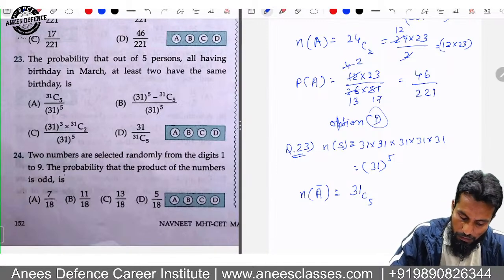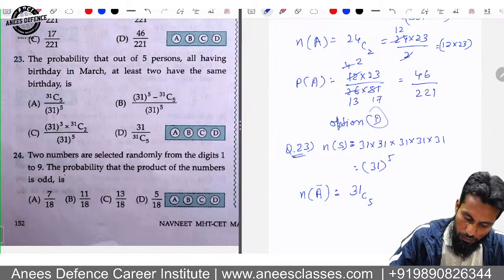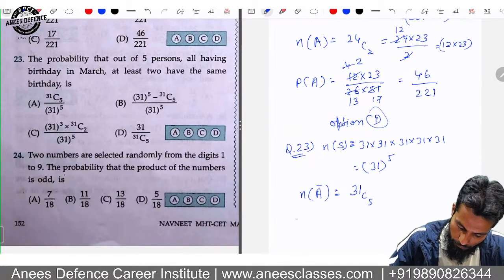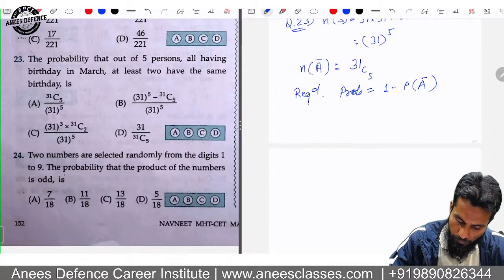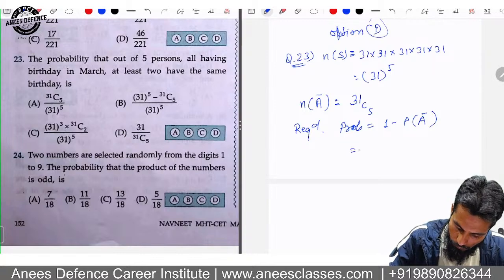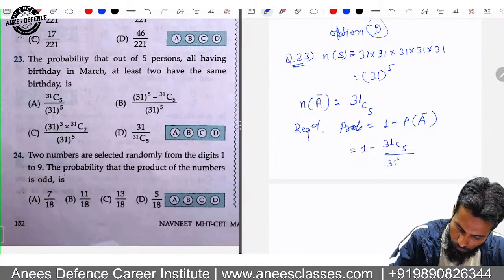So 31C5 will be the different birthdays condition. But you want the same birthday for at least 2, so you need to subtract this. The required probability you can write like this: 1 minus probability of A bar. So 1 minus 31C5 divided by 31 raised to 5.